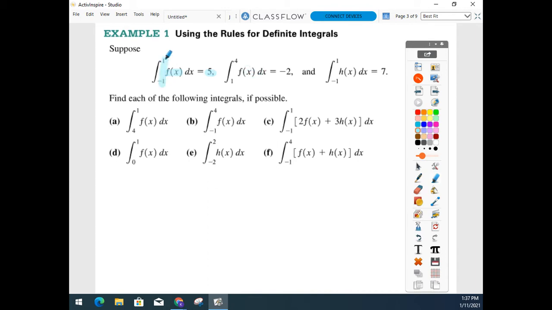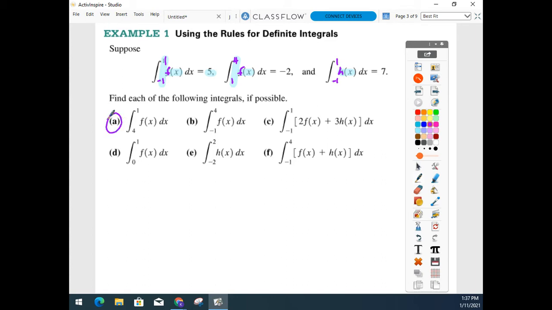But this is only going from negative 1 to 1. This is f going from positive 1 to 4. This is h from negative 1 to 1, f from 1 to 4, and f from negative 1 to 1. So you've got to match a lot of different things.